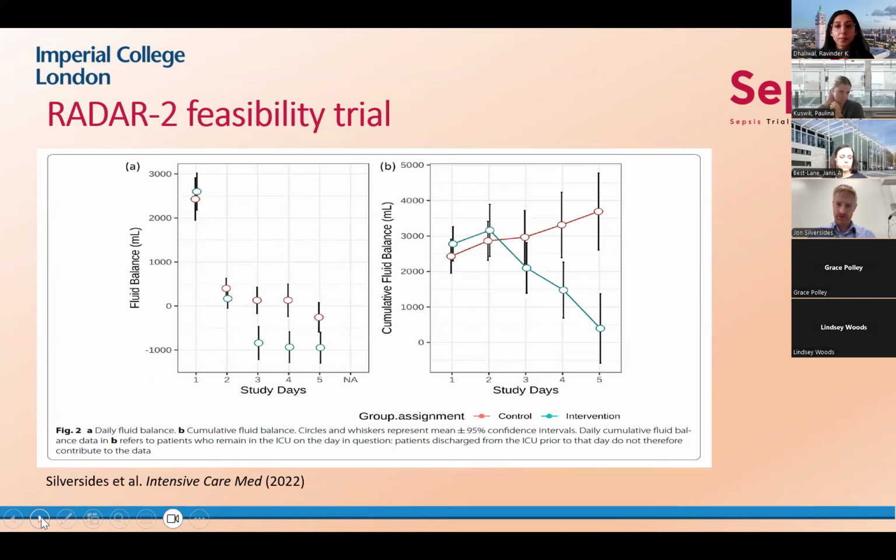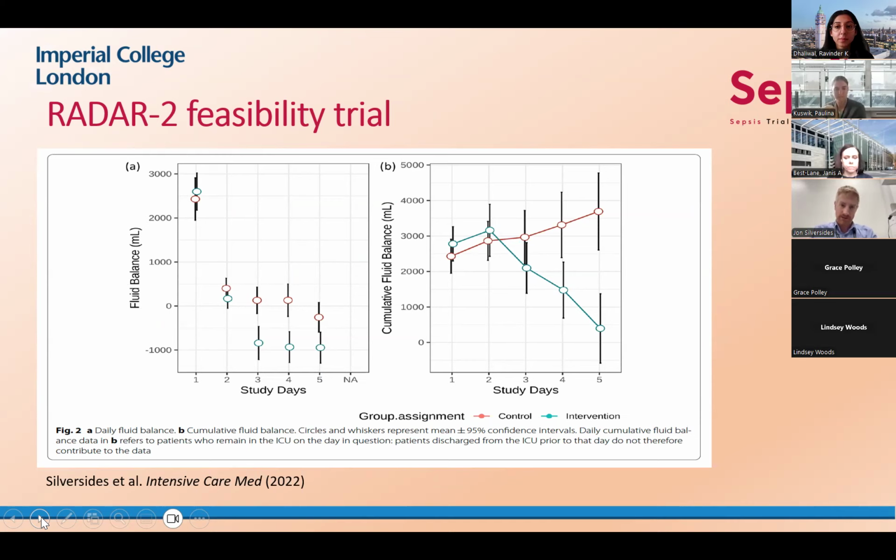Next slide, please. And I guess the reason we're all here is because we could. This shows separation between the two arms of the trial in terms of fluid balance over time. On the graph on the left, we've got the daily fluid balance, and you can see that there was a difference between the two arms on days 3 and 4, and that results in a separation of cumulative fluid balance over time in the right-hand graph.